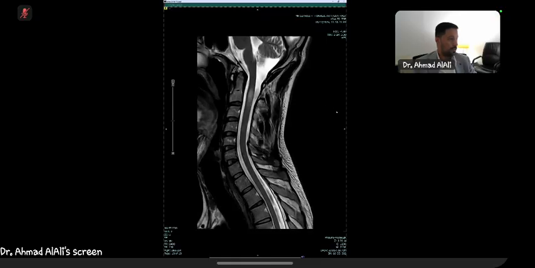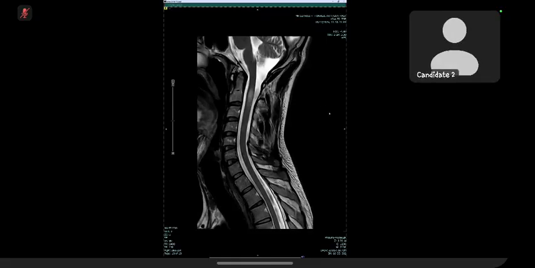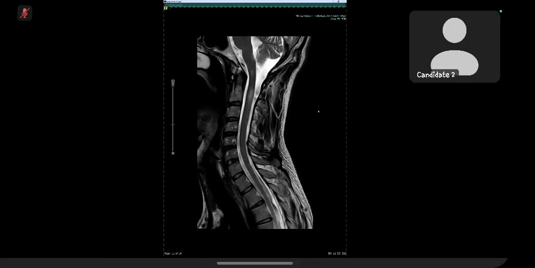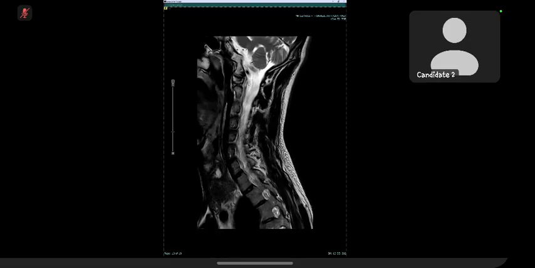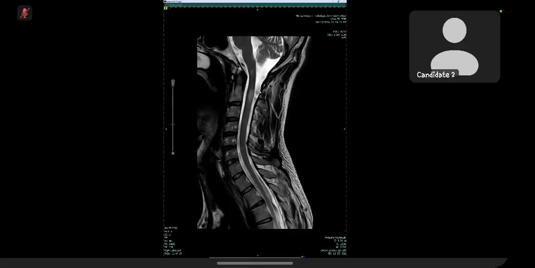I can appreciate there is an expansion of the cord at the level of C2 and C3 vertebral body with hyperintense signals, which is involving mainly the central and the posterior aspect of the cord. However, the anterior aspect is relatively spared. I can't appreciate any other focal signal in the rest of the visualized cord. The cervicomedullary junction is normal.